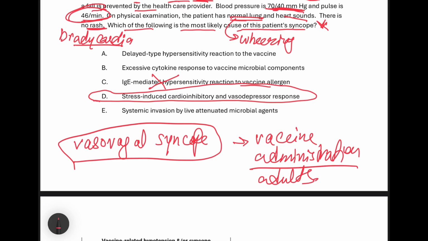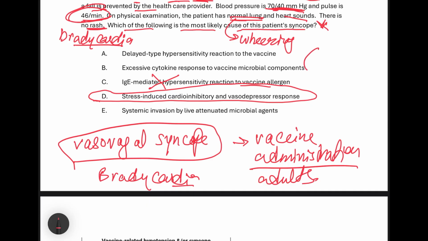This leads to bradycardia and decreased left ventricular contractility and decreased peripheral vascular resistance, resulting in hypotension, decreased cerebral perfusion, and ultimately syncope. The symptoms rapidly resolve within 1 to 2 minutes.